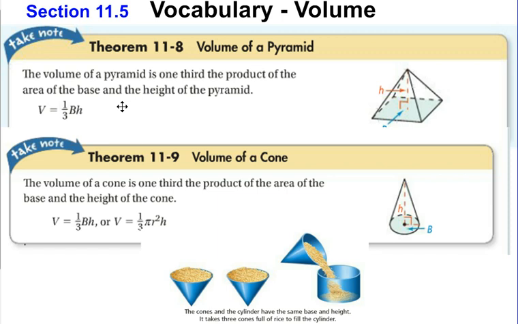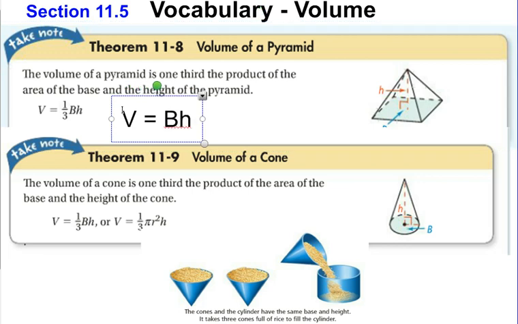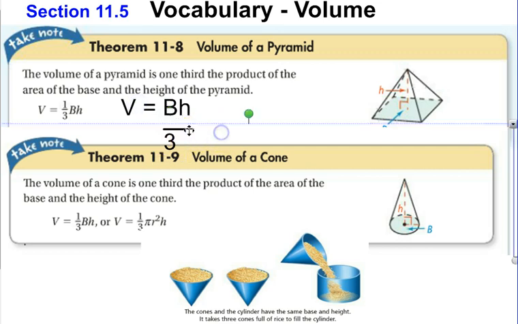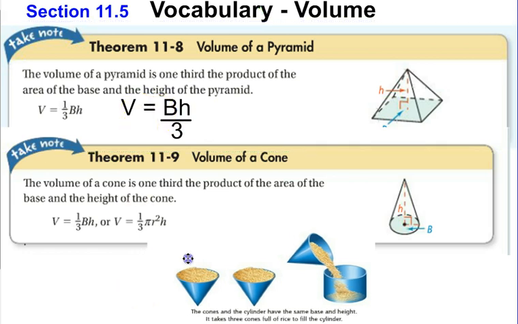So you can say volume equals area of the base times the height, and then draw a fraction bar under that and divide it by 3. Some people find that a little easier than multiplying by 1/3. So I'm going to give you that option, and when I show the work in the problems, that's how I do it.